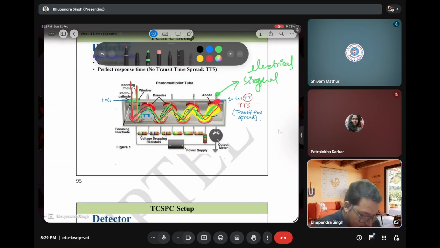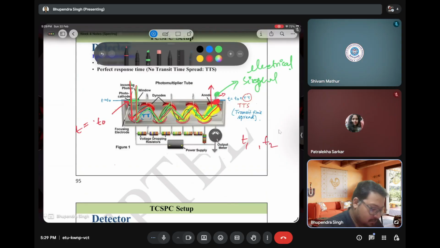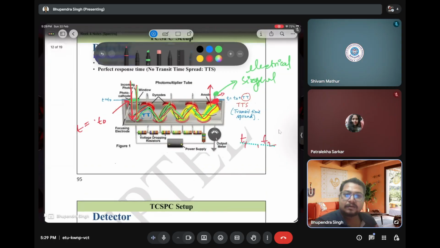Let's say at this point the time is t0. Your PMT is getting the photon after t0 time. But one photon reaching here generates a signal after, let's say, t1 time, another one generates a signal after t2 time. There are many photons, so there is a time range. Of course the time range is very small, but there is a spread of the time.